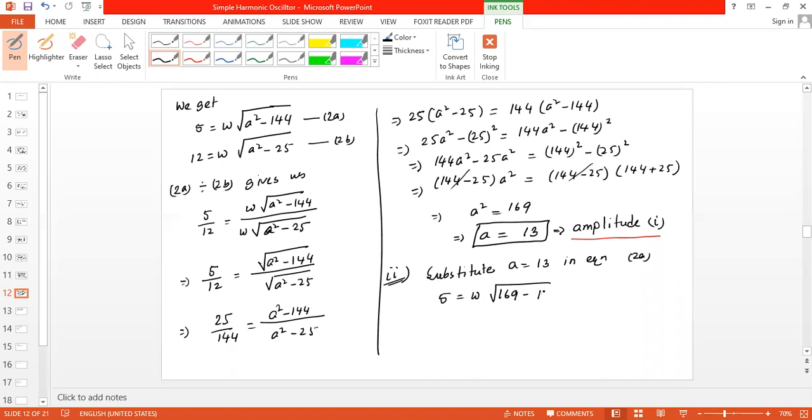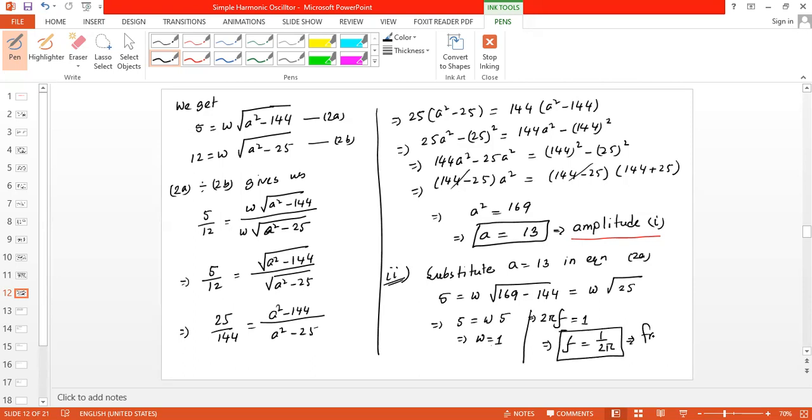This is basically equal to omega square root of 25, so 5 equal to omega times 5. That will give me omega equal to 1. Omega means 2 pi f equal to 1, and this means f equal to 1 over 2 pi. So this is the frequency. It's clear.